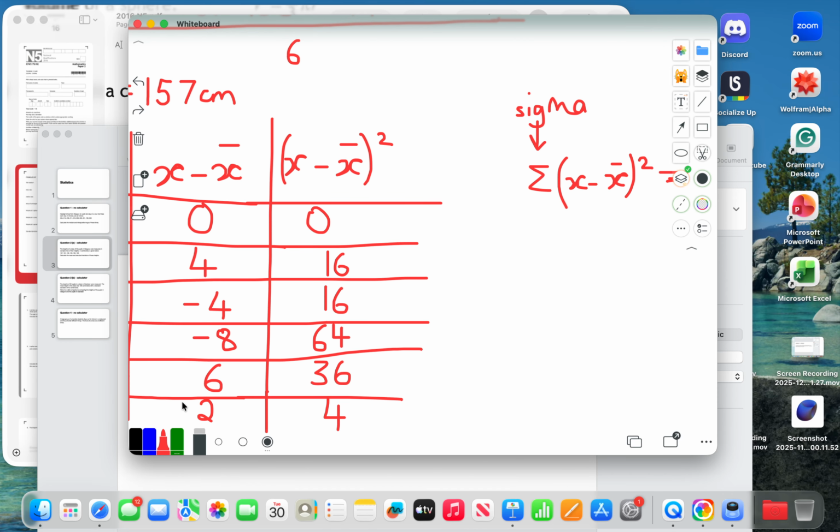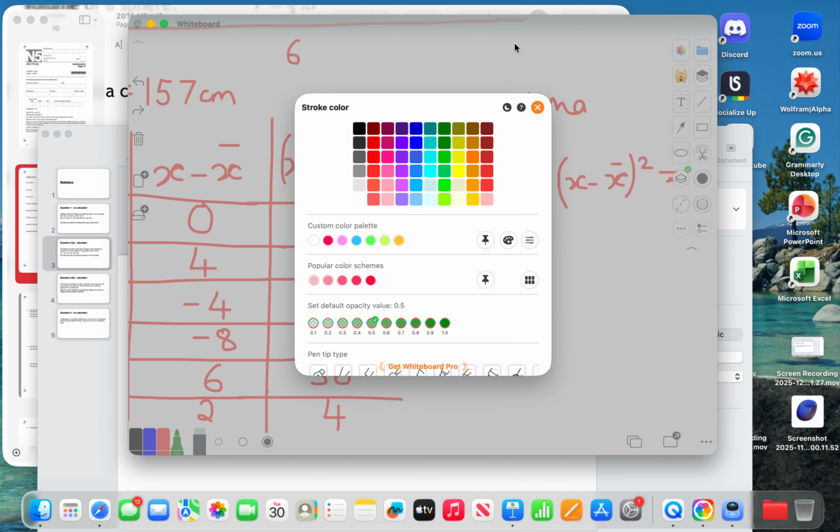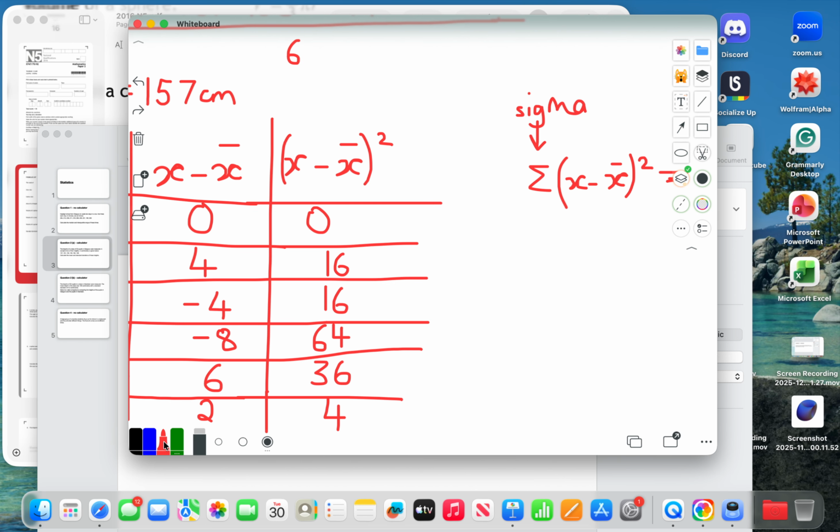So we have to add up all of these numbers, and that gives us the sum of x minus x bar squared.